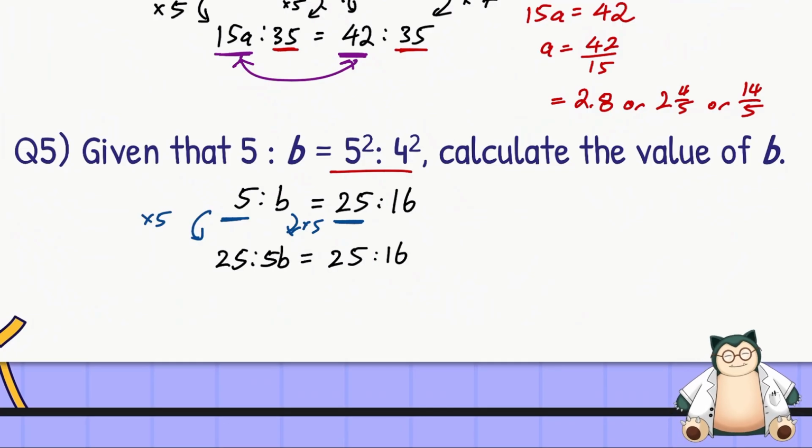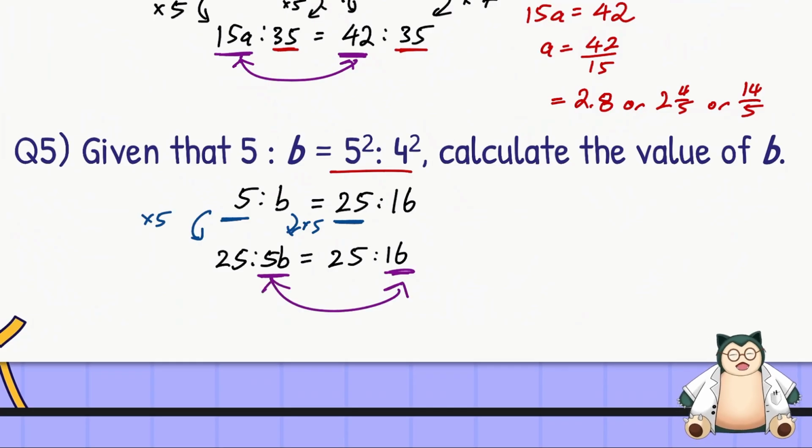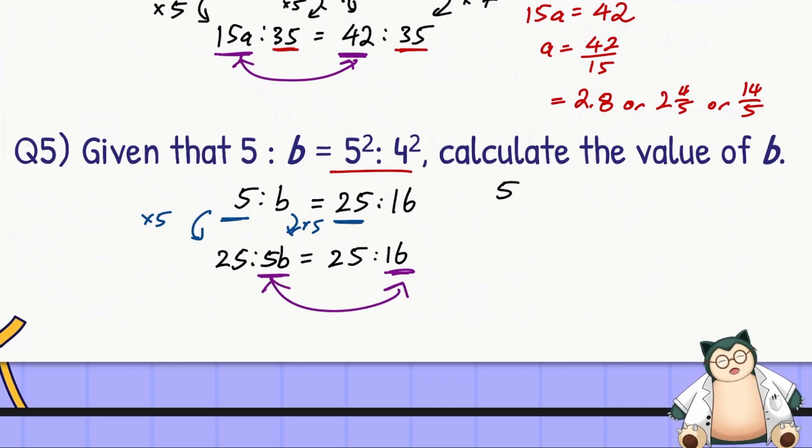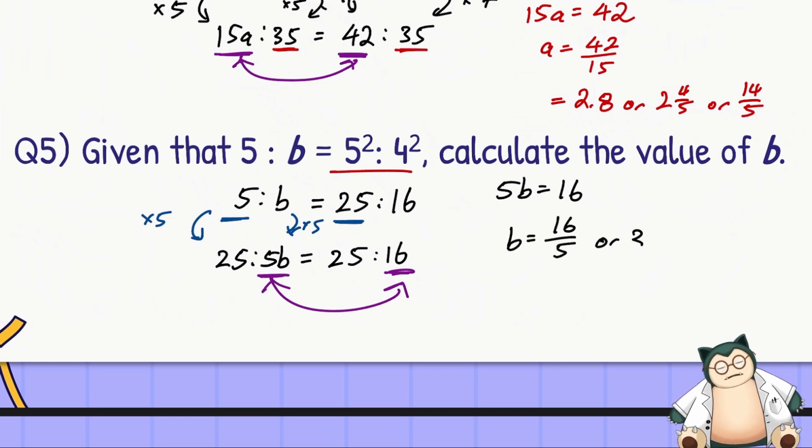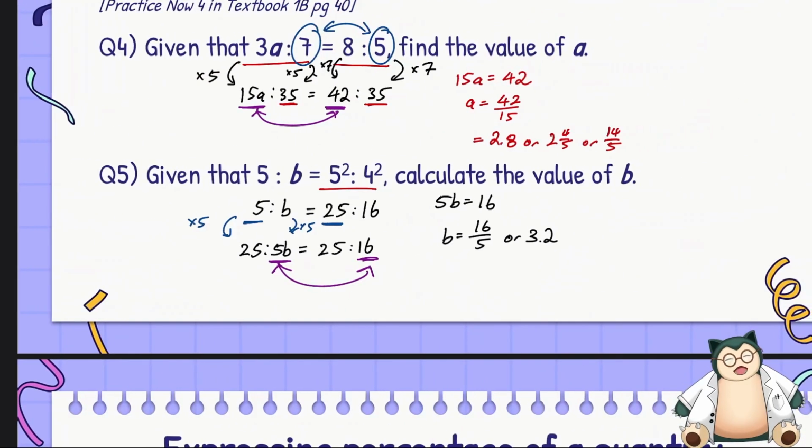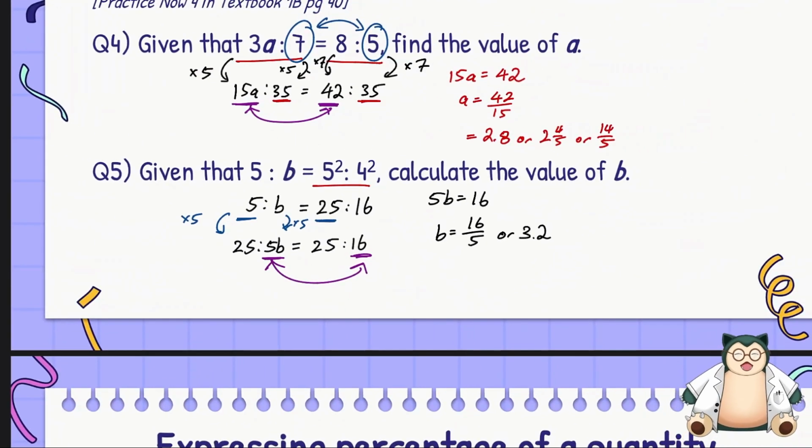Now, when both of the left sides are the same, we can finally compare our right parts. So then we have the expression 5b equals 16. b would just be 16/5 or 3.2. Is that okay? Hope everyone is clear with that.